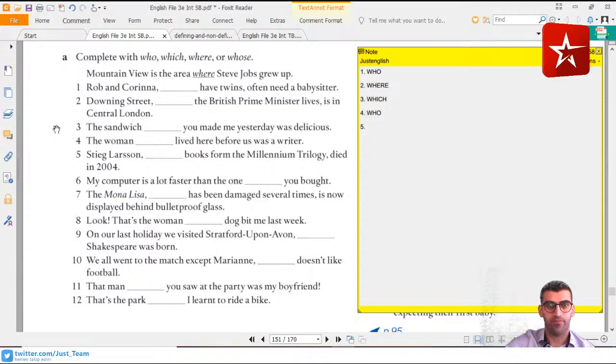Number 5, Stieg Larsson, whose books form the Millennium Trilogy, died in 2004.